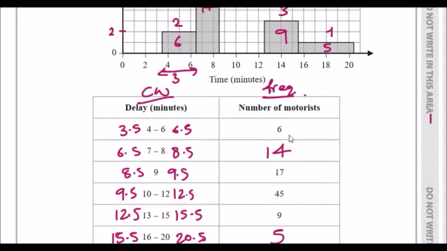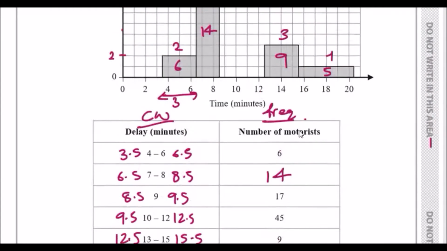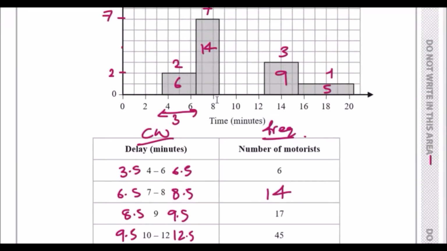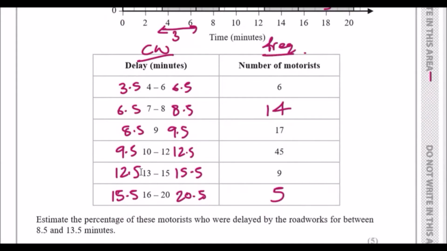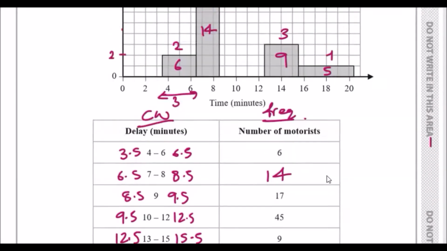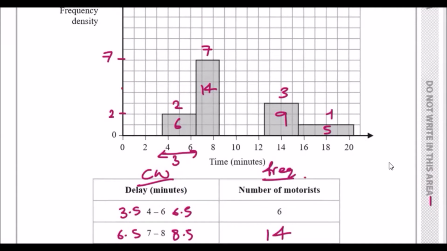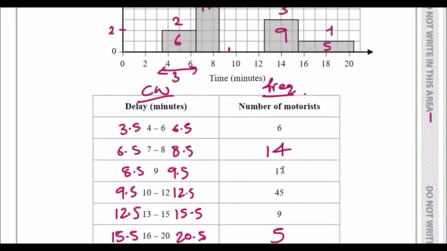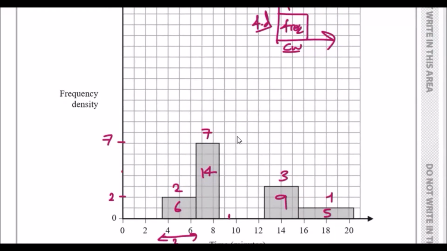Now all we need to do is draw the histogram. We know between 8.5 and 9.5 the area is 17. So this has a width of 1, but a height of 17. If the width is 1, let's say up to here, that means 1 times 17 will give us 17. So we have to go all the way up to 17.